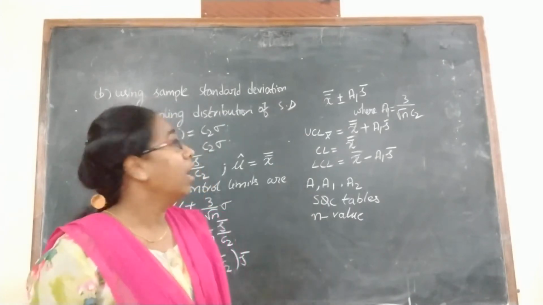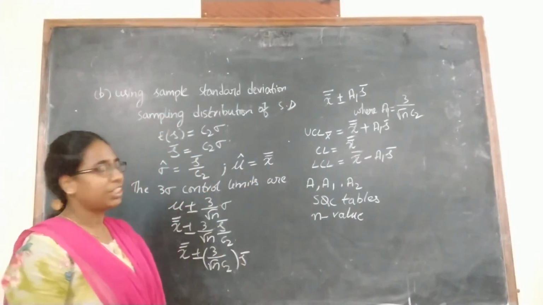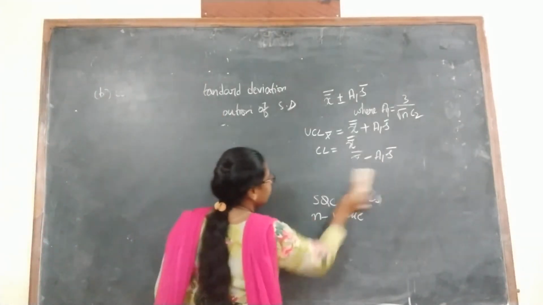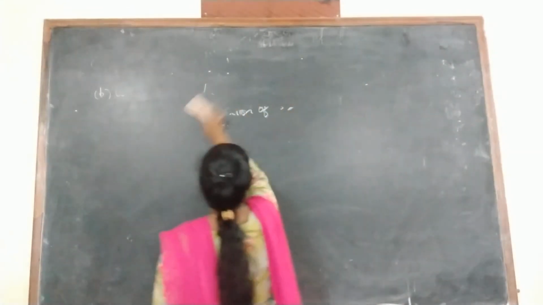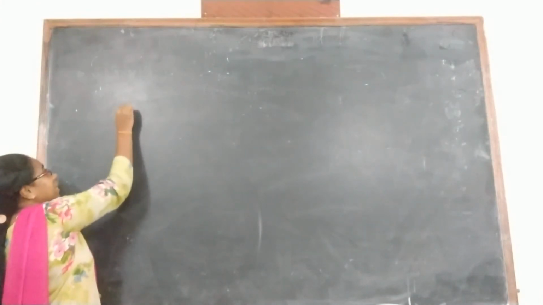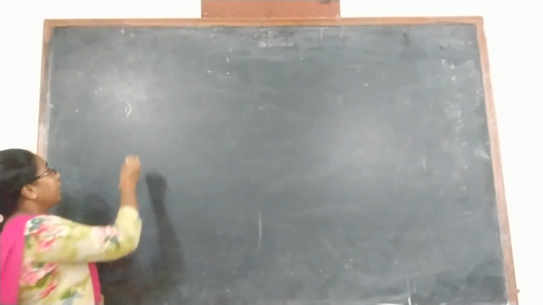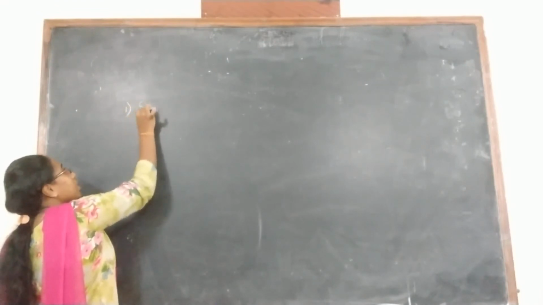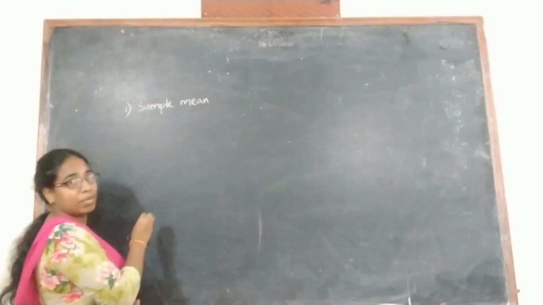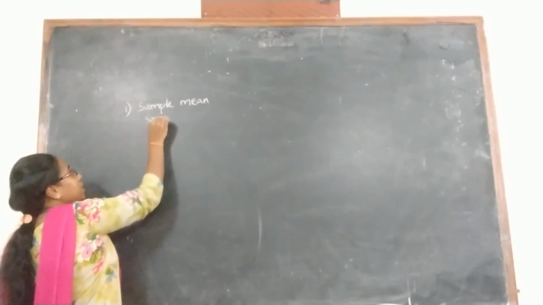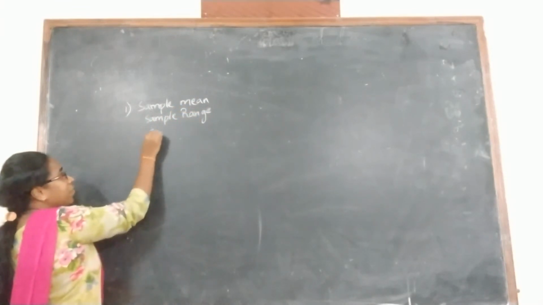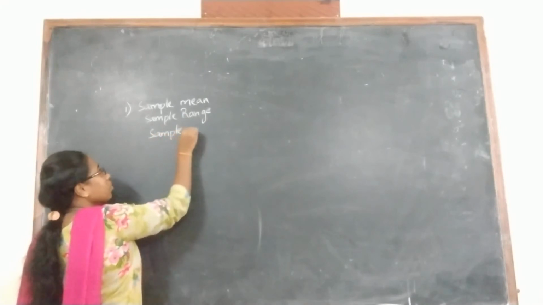Now we will see the procedure for constructing the chart, and the steps involved. The first step is to calculate the sample mean, sample range and sample standard deviation.